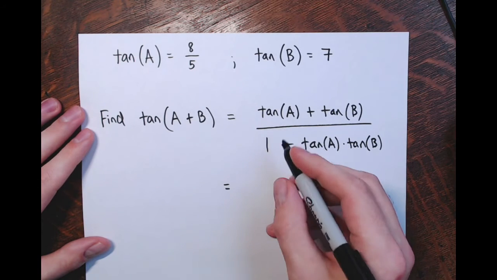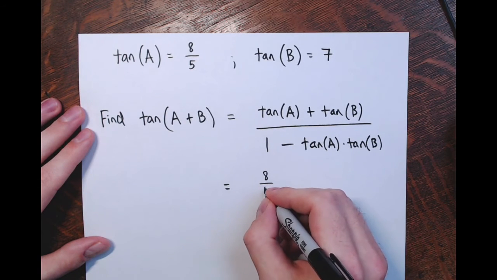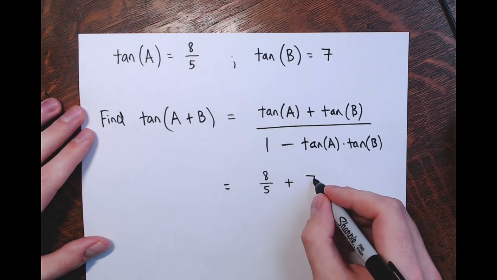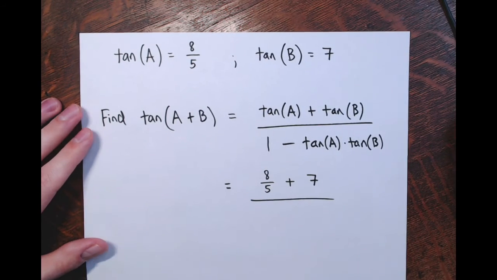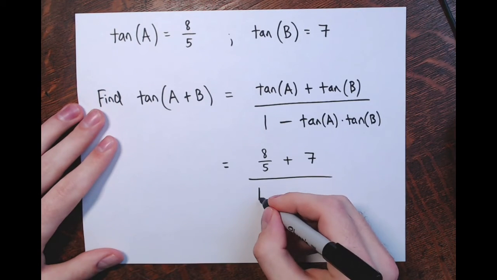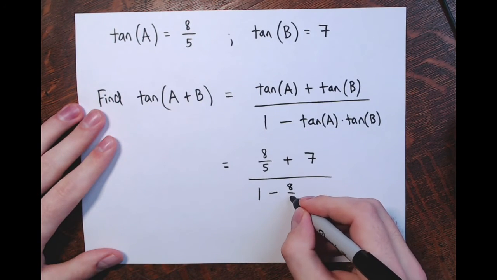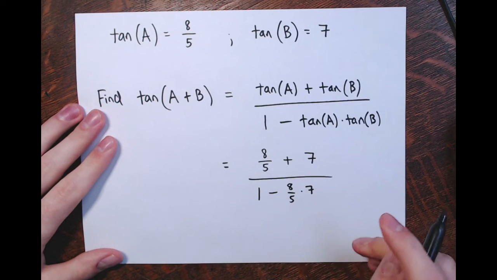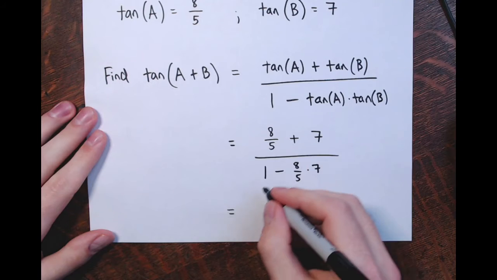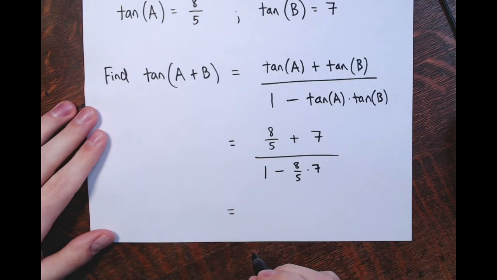So tangent of A is 8/5, plus tangent of B is 7, so that's the numerator, divided by 1 minus 8/5 times 7. This is a complex fraction, fractions within fractions.